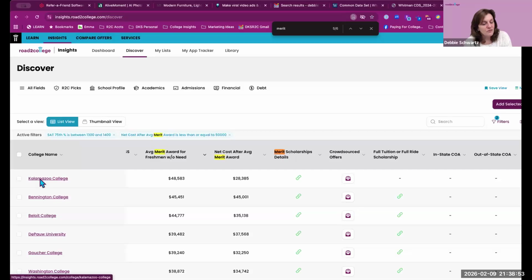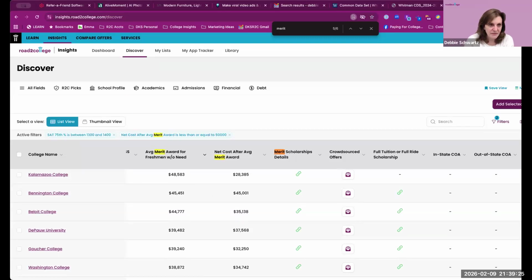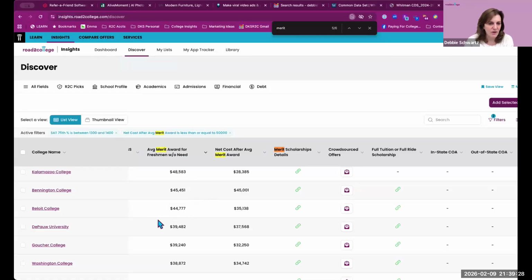Looking at the merit amount, Kalamazoo is giving a little over $48,000 in average merit to students at their school. Beloit, which I know is pretty generous, is offering just under $45,000. So if your student has those type of test scores or higher, they could potentially attend Beloit College for $35,000, which is still expensive, but is not those outrageous prices that we're hearing, in the 80 or 90 or even over 100,000 for some of the priciest schools around.